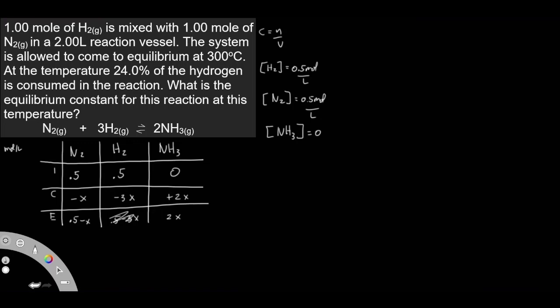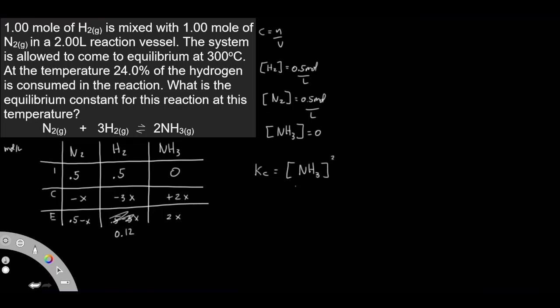We end up getting 0.12, so I'm just going to write that over here. Now that we've written that, what is the equilibrium constant for this reaction? We have to put our Kc equal to, obviously, our NH3, our product, on the top, so we'll have our NH3.